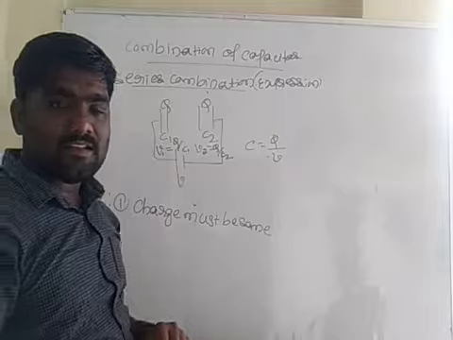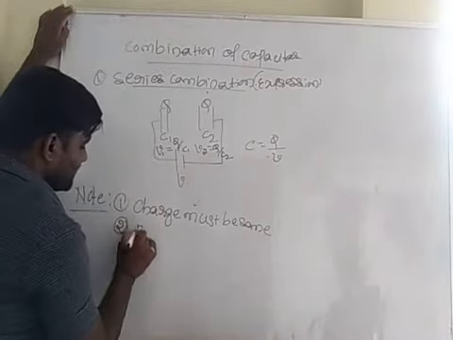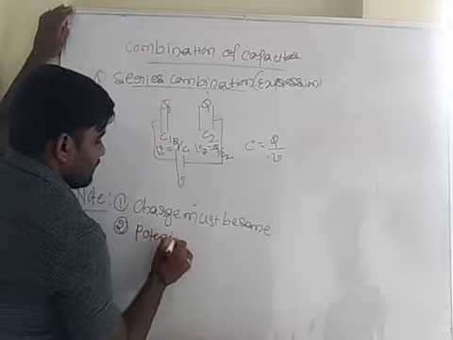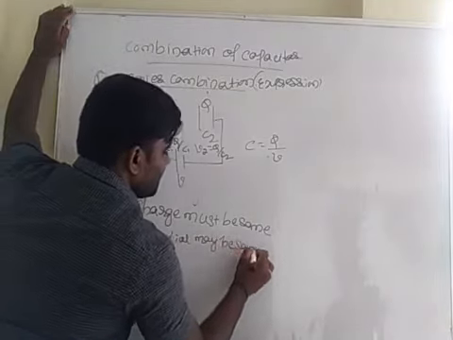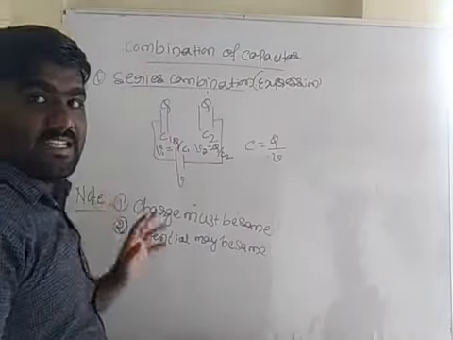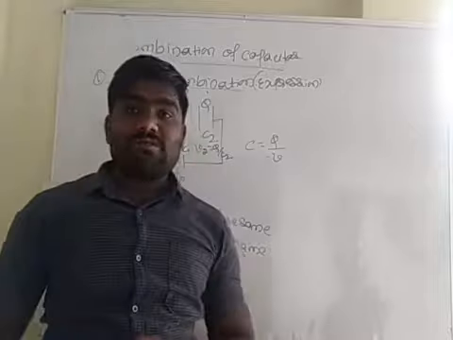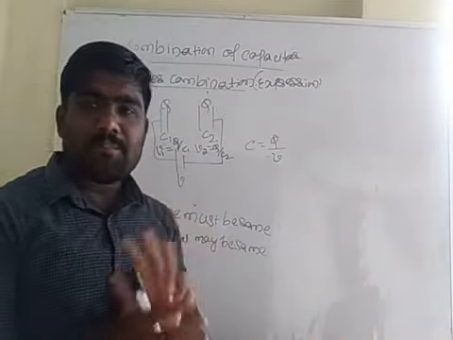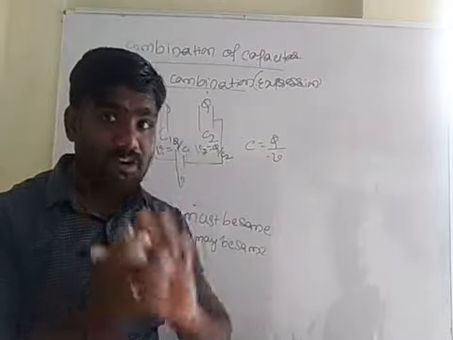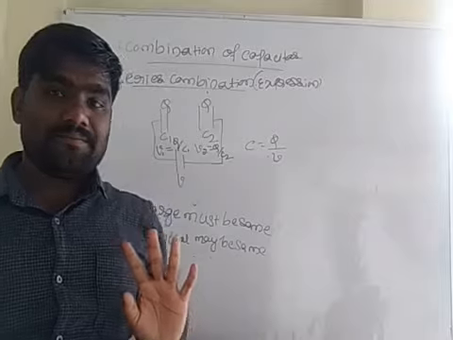Then the second conclusion is that potential may not be the same, which means potential is varying. So we just have to remember that in case of series combination of capacitors, potential may not be the same but charges are the same.